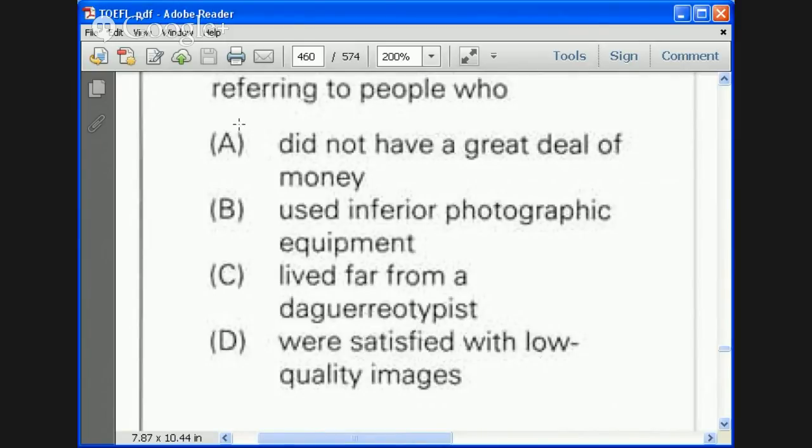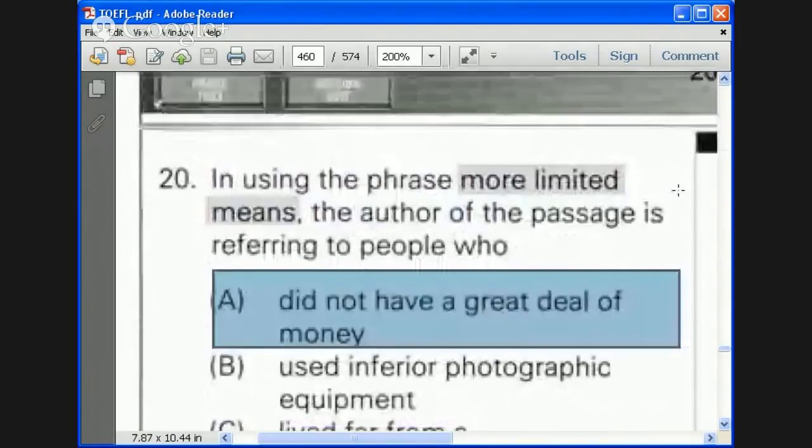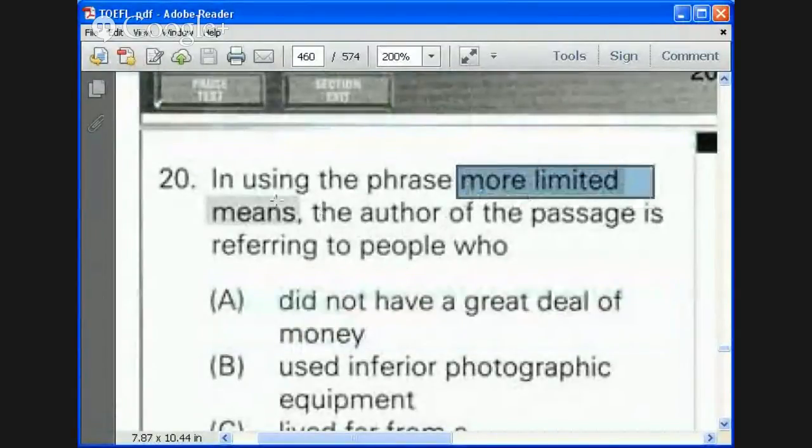The answer here, did not have a great deal of money, is the answer, because he's talking about rich. For others, they could only get a picture once in their lifetime. Rich people could get these pictures taken whenever they want. For people of more limited means, and by the way, you may be already familiar with this phrase.